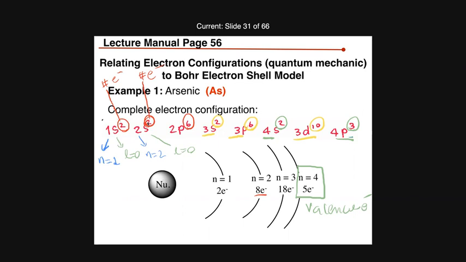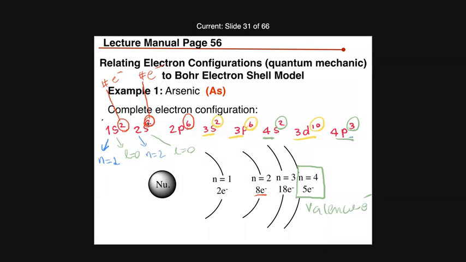This is how you relate those two models together: they give the same picture, but one is more detailed and the other condenses everything together.